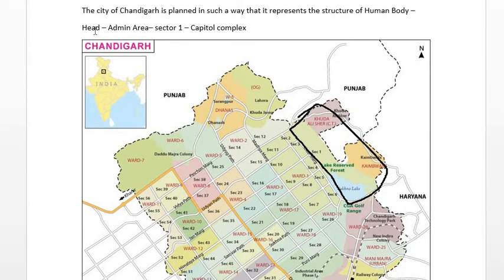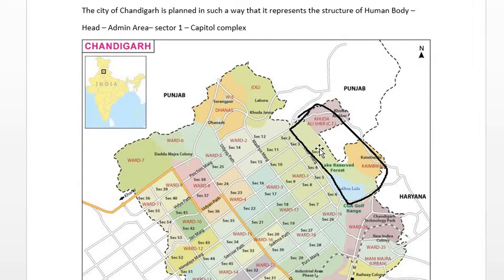The head represents the administrative area, and sector 1 is the one which represents the head of Chandigarh. It contains the capital complex, and this capital complex has the High Courts of Punjab and Haryana and the secretariat building.